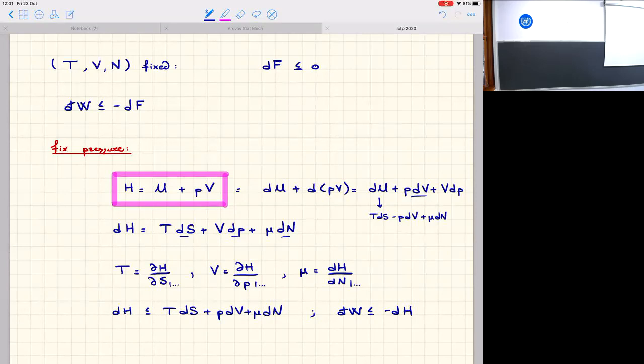And finally, so you understand how it works, suppose that instead of fixing entropy, pressure, and number of particles, I want to fix temperature, pressure, and number of particles. So what do I need to do?